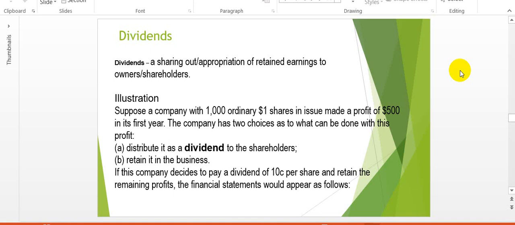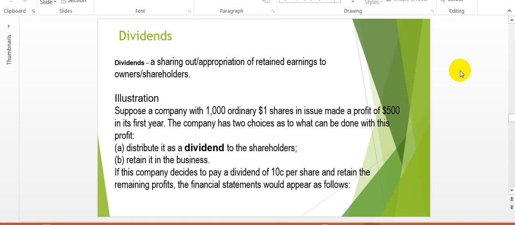It can distribute this 500 as dividends to its shareholders, or it can reinvest this 500. If it reinvests the 500 in the business, the name changes from profits to retained earnings.